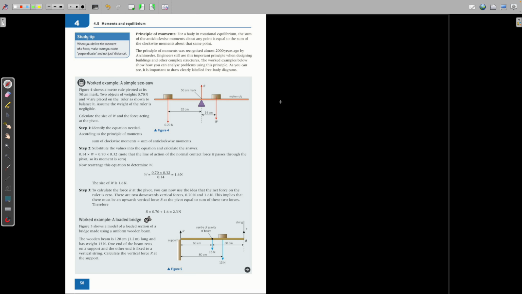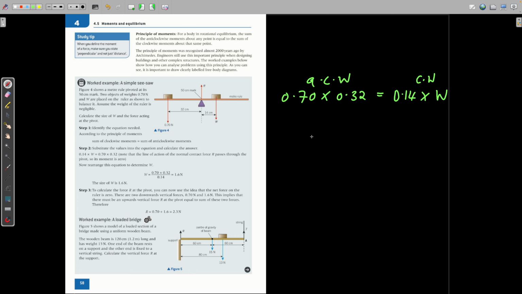On the left-hand side, 0.70 newtons times 0.32, which is the distance. That has to be in meters, is equal to 0.14 times the weight W. So there's the anticlockwise moment, and there's the clockwise moment, and they should be balanced if it is in equilibrium.